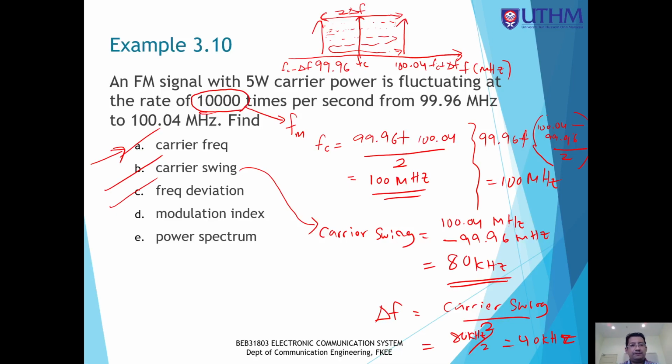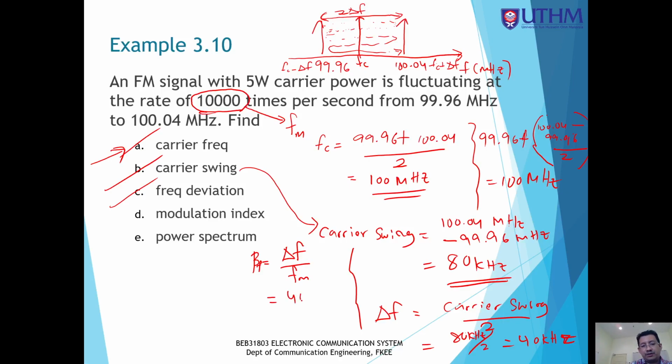And then, find the modulation index. As we have learned previously, the modulation index beta f is equal to delta f divided by fm.